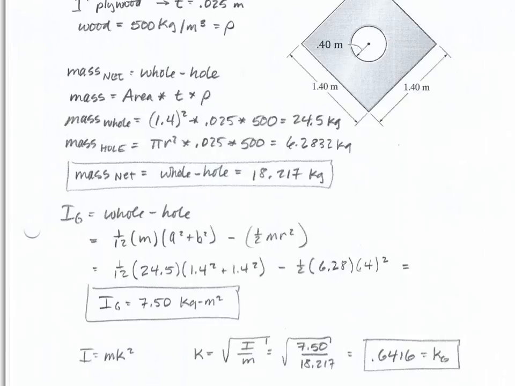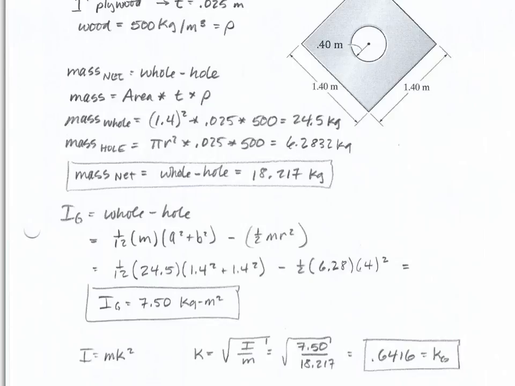If it's a round thing, it's going to be modeled as a disk, where the mass is uniformly distributed. So I'll take out that 1/2 m r squared of the hole. So 1/12 m times a squared plus b squared of the outside minus 1/2 m r squared of the hole, and I get the IG equal to 7.5.